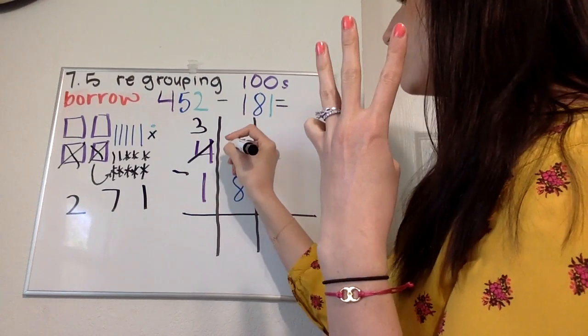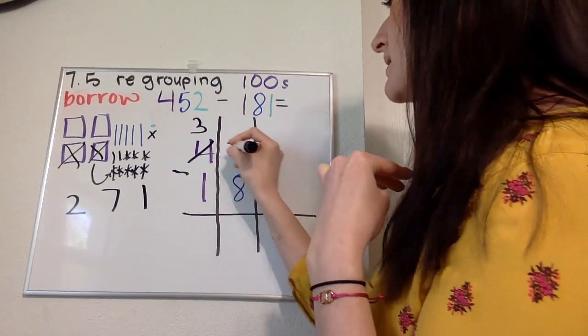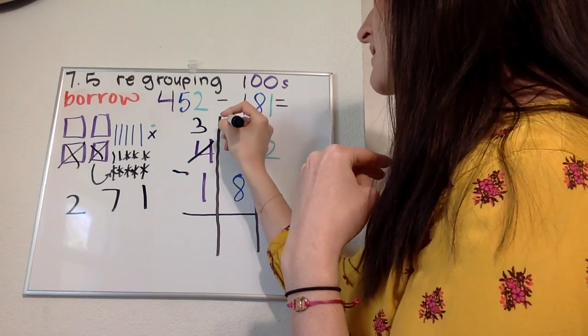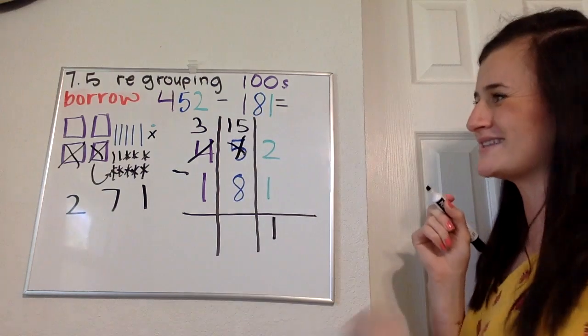I'm borrowing it and placing it in the tens place. So I still have that 5 in the tens place and that 100 in the hundreds place.